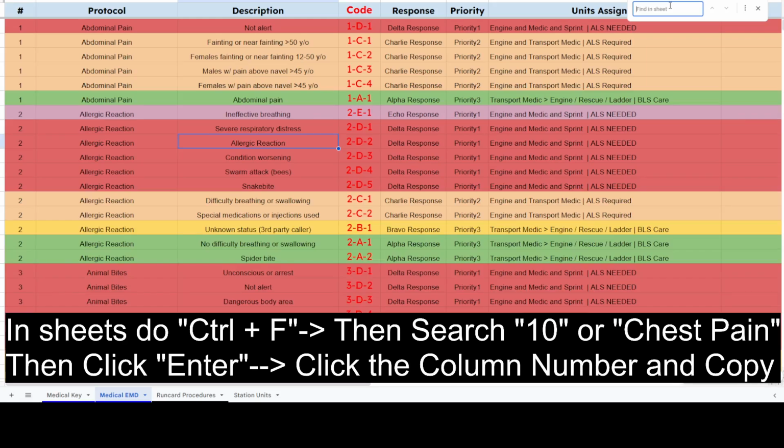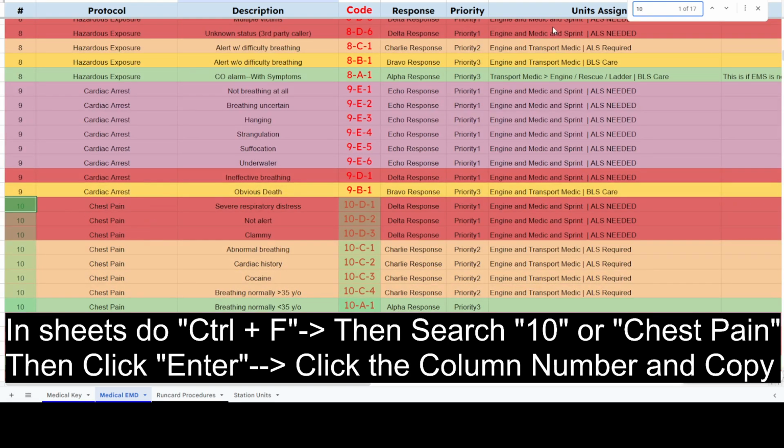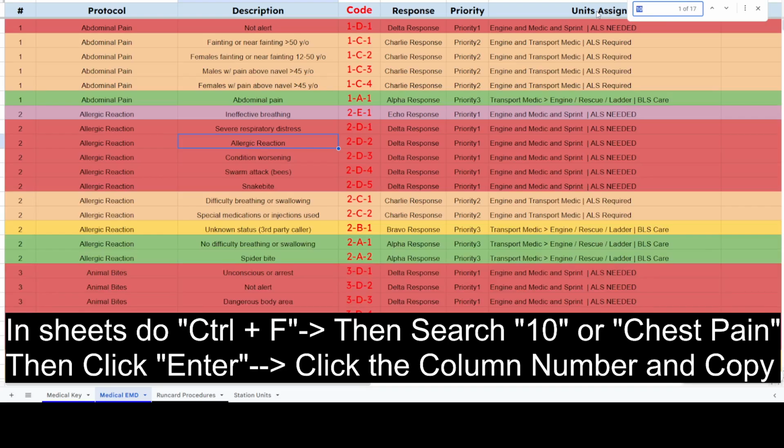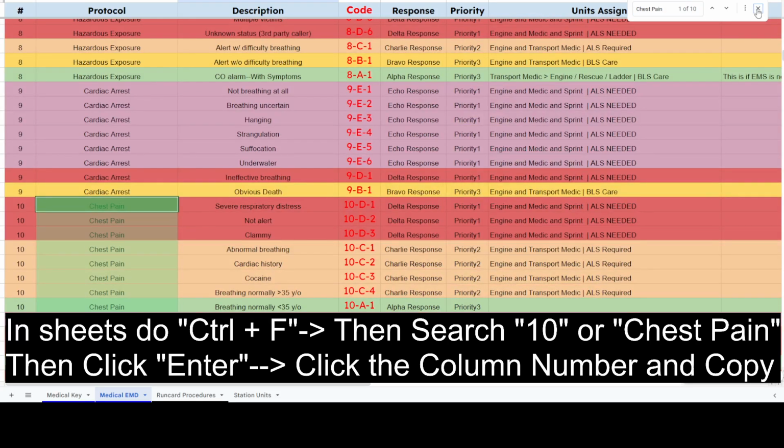We will then search either 10, and it will bring us to our chest pain calls, or you could search chest pain. In this case, the calls that have the words chest pain in them are highlighted with green.